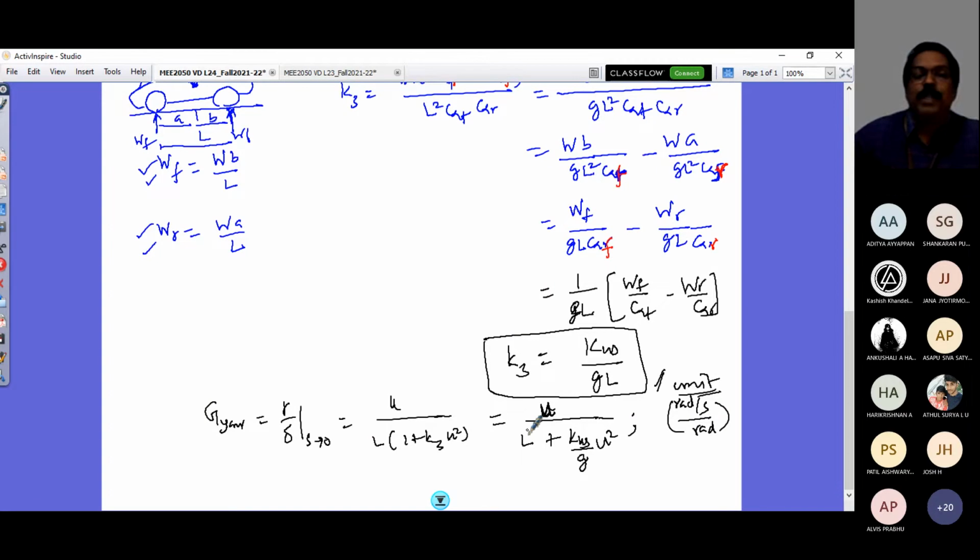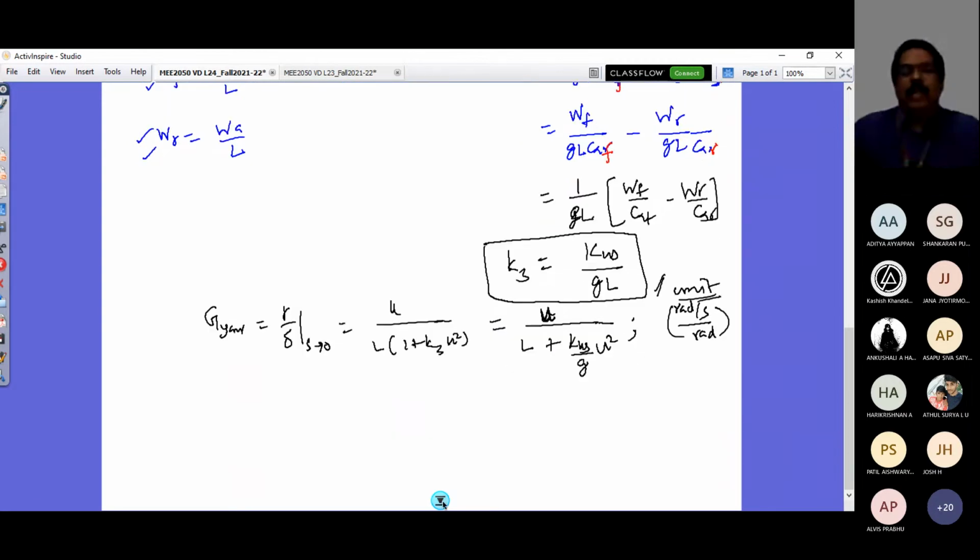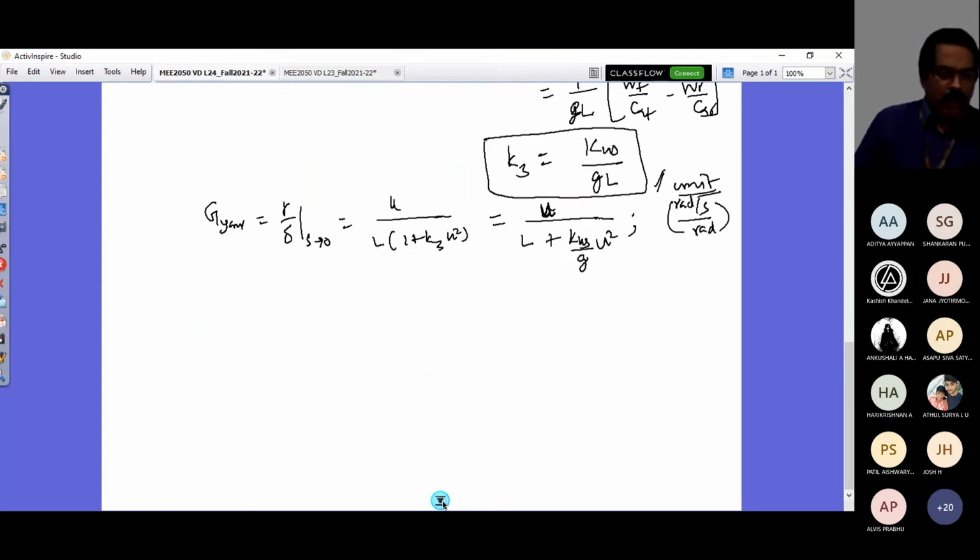So this is the expression for yaw velocity gain. Now what is the advantage of looking at yaw velocity gain? By having this yaw velocity gain for a different steering input, the orientation change of your vehicle can be witnessed with this steady state gain.